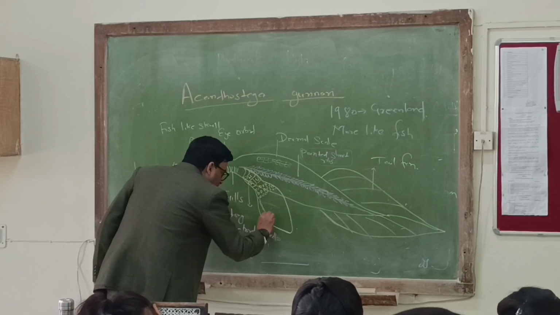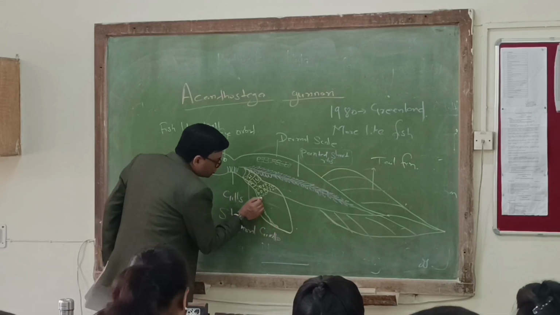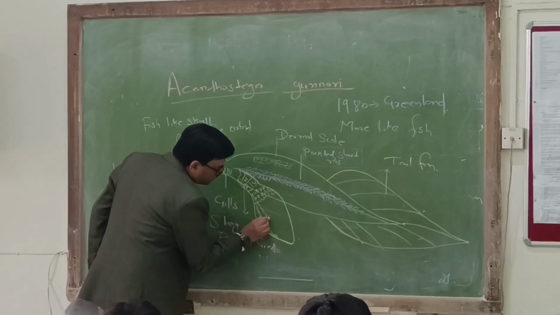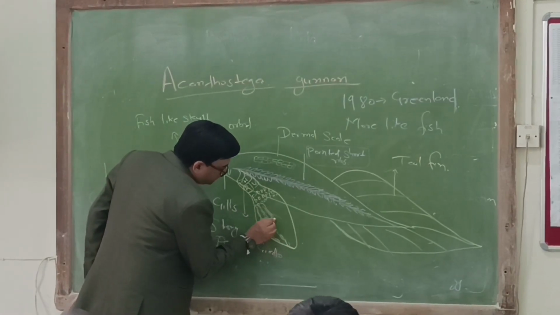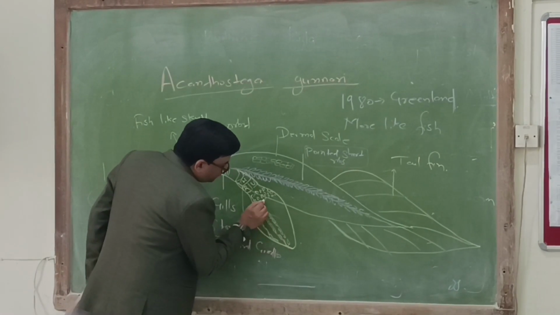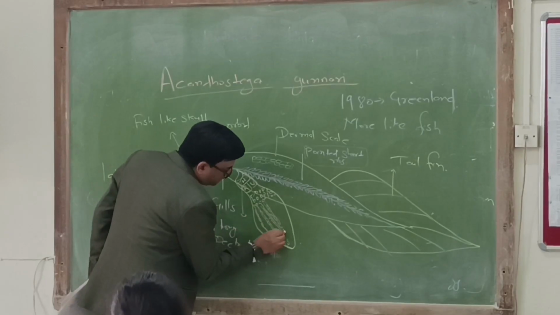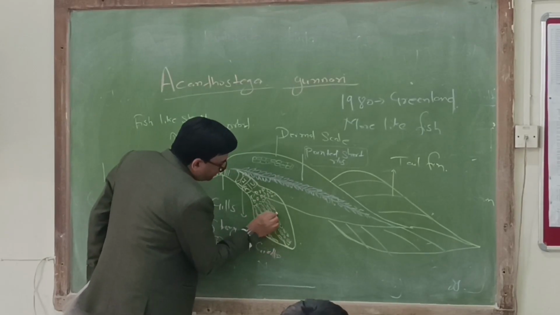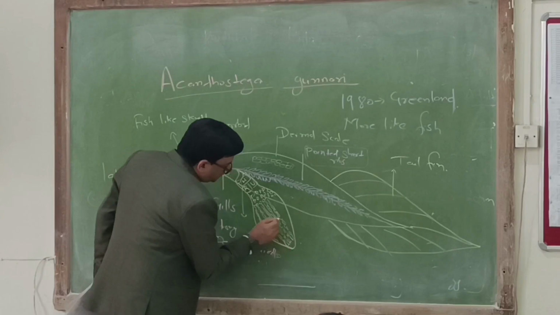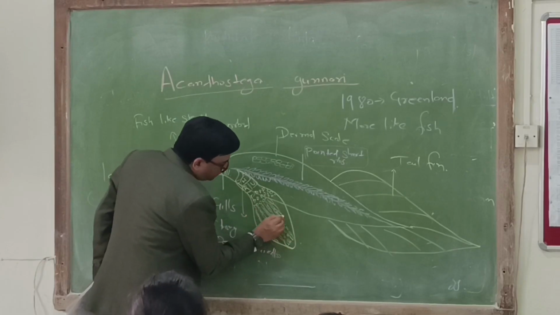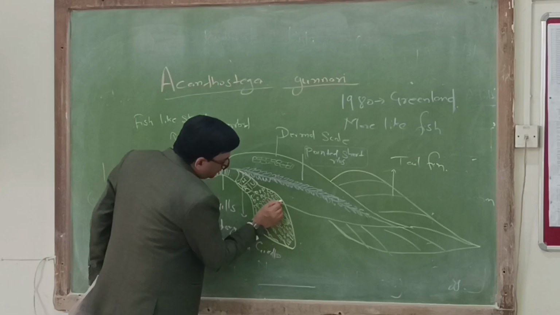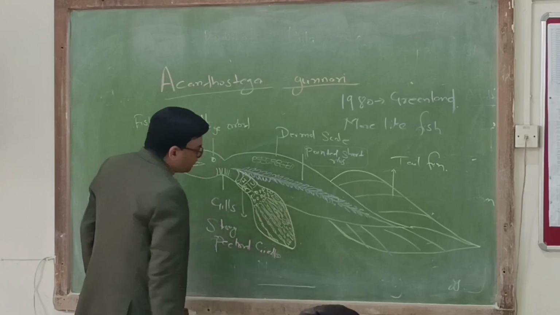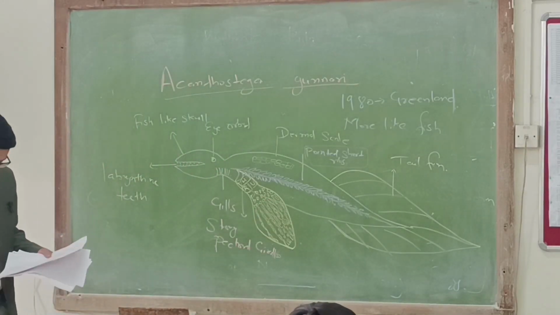1, 2, 3, 4, 5, 6, 7, and 8. So that makes 8 phalanges, 8 fingers.